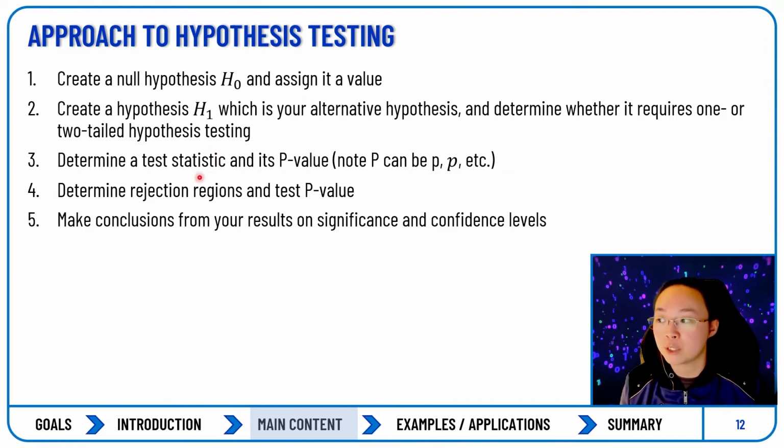So you're going to get a measurement, and then you're going to test the p-value, or the probability of that value taking place. And if that value is very, very low, then that's good because it's very unlikely that the value will take place in the null hypothesis. So then you're going to determine the rejection region and test your p-value, and make conclusions from your results on your significance and confidence of your conclusion.